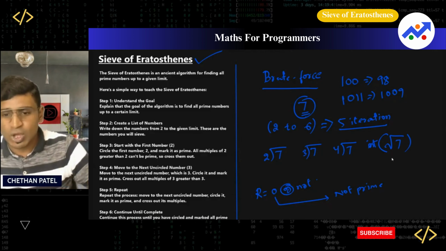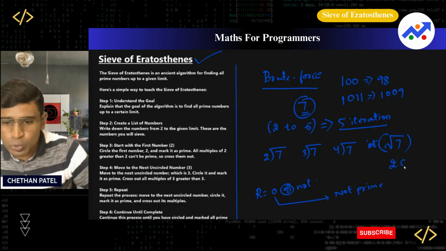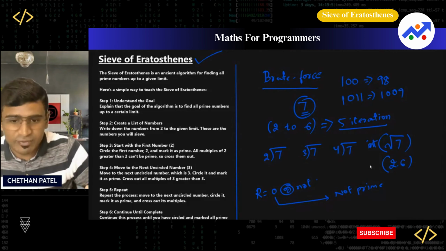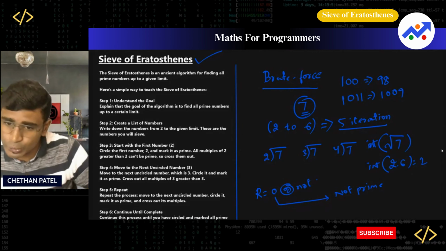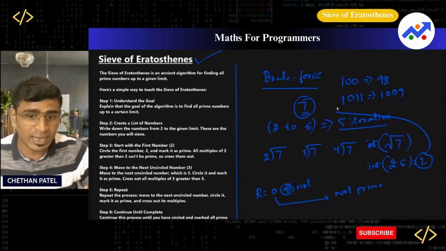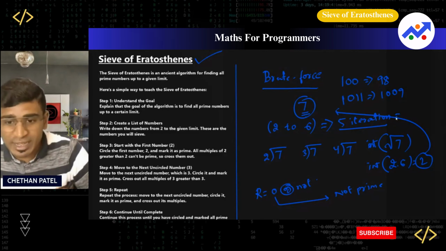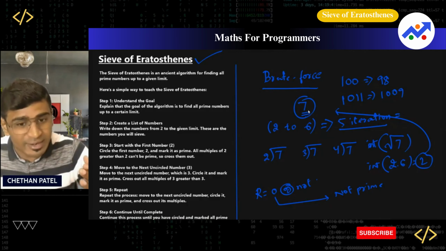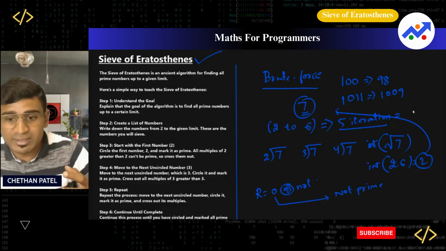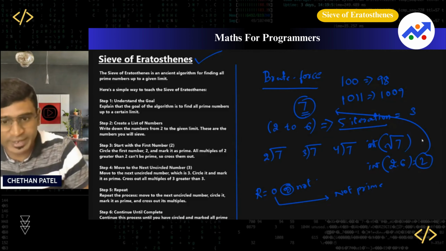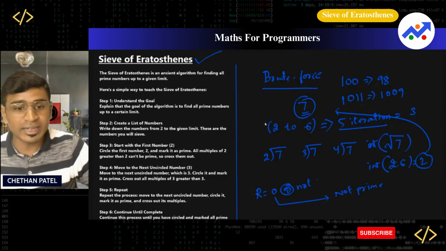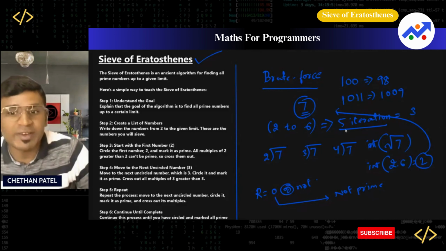Root 7 is somewhere close to 2.6, and the integer of 2.6 is 2. It just takes 2 iterations to tell whether 7 is prime or not. So we are saving 3 iterations, because the brute force approach takes 5 iterations.